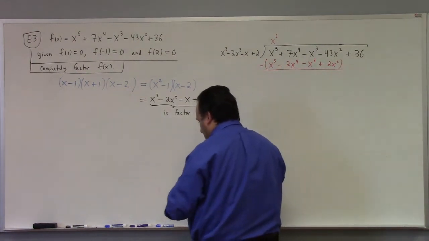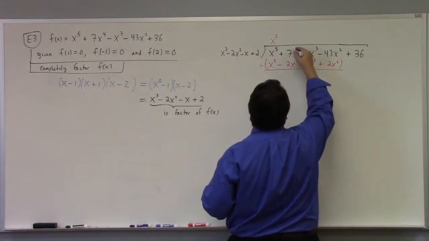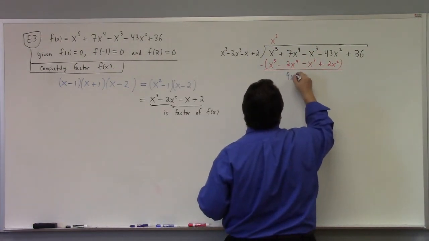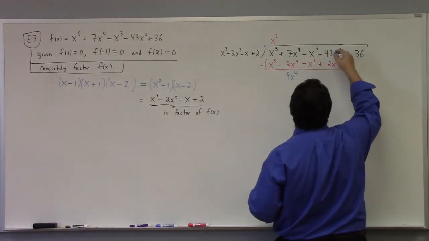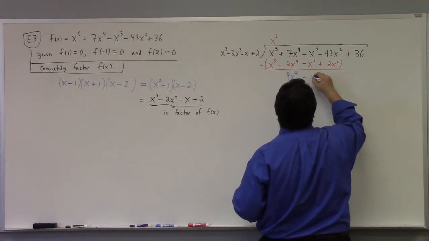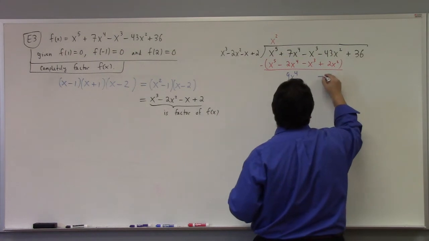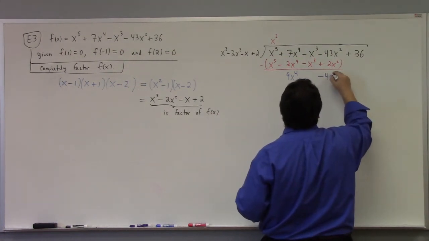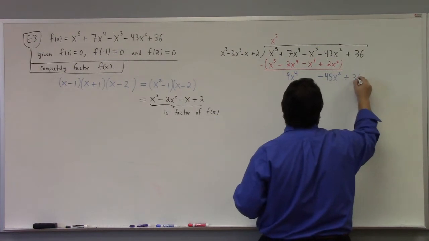What do we get? These cancel. This gives me a 9x to the 4th. The x cubes cancel, that's cool. And I get minus 45x squared plus 36.